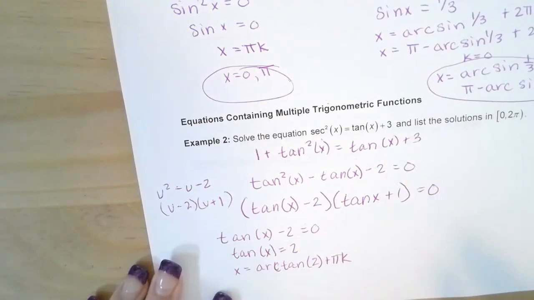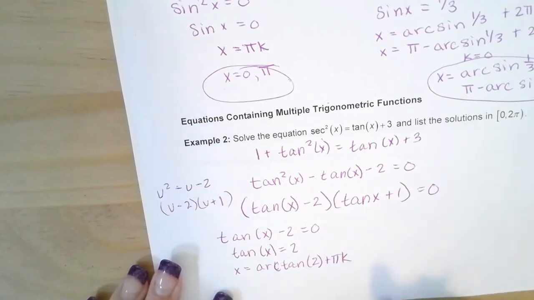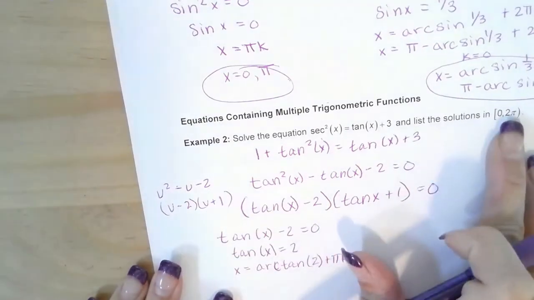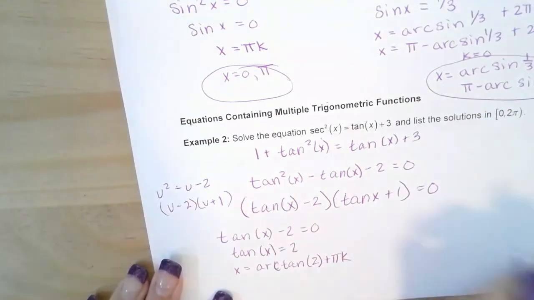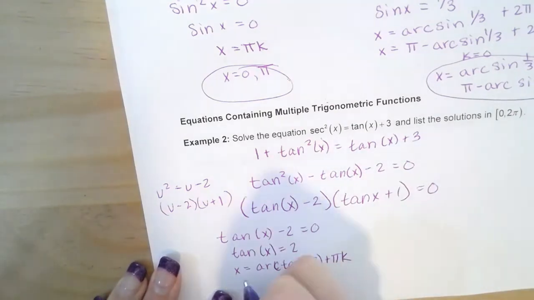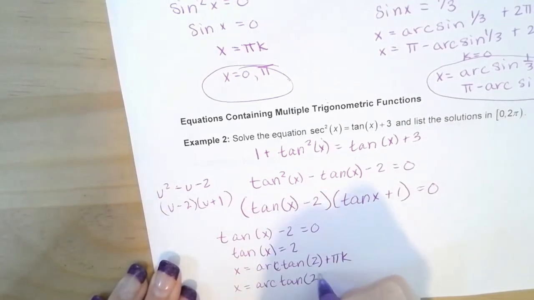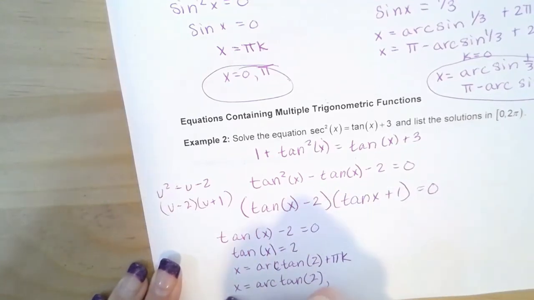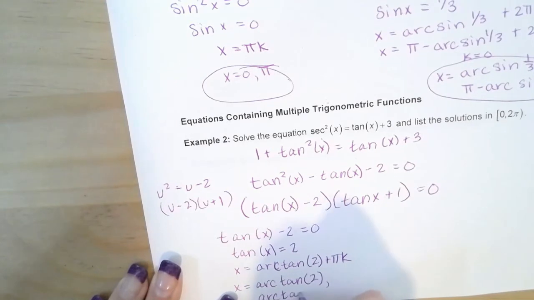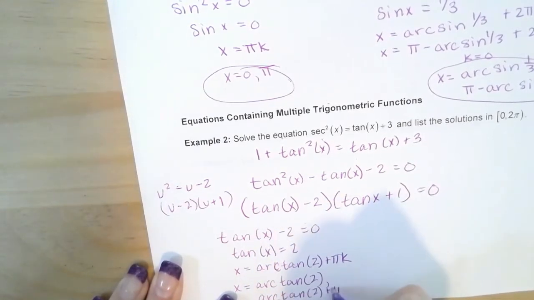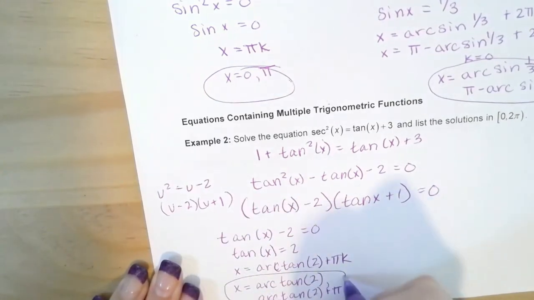So in this situation, k can be 0 or 1, and we're still in our interval. If I put in 0, I get x equals arc tangent 2, and arc tangent 2 plus pi. Okay, that's one part.